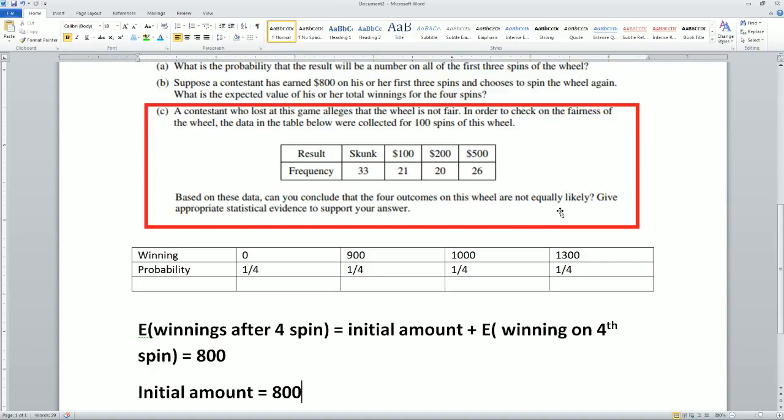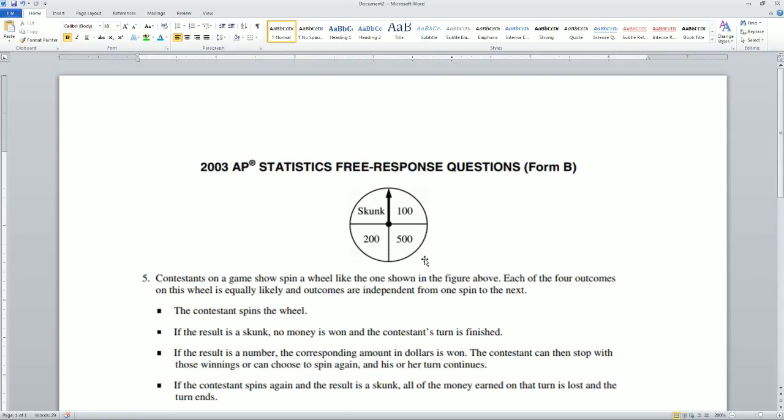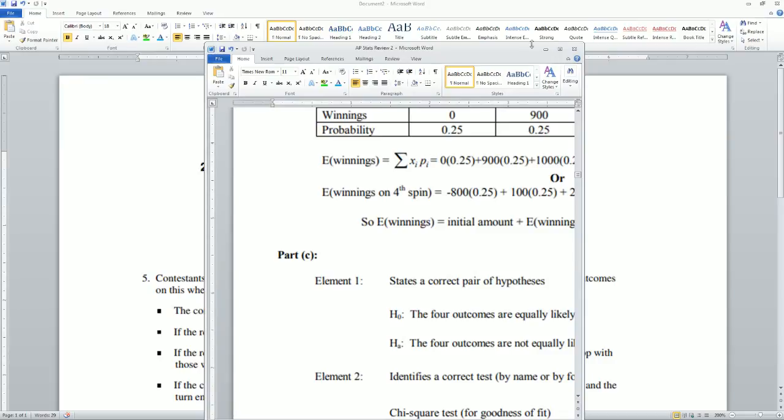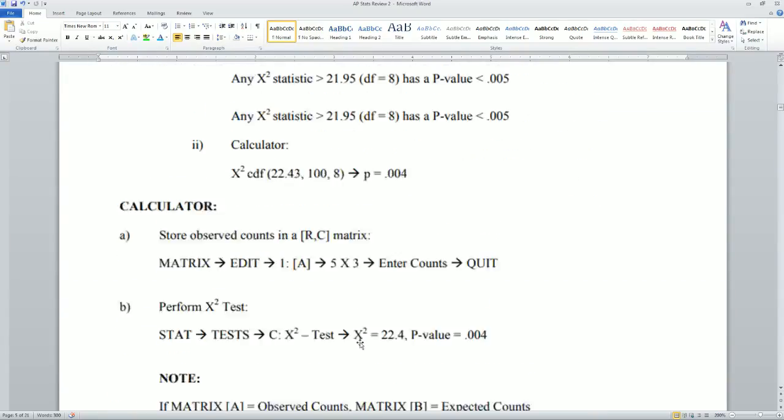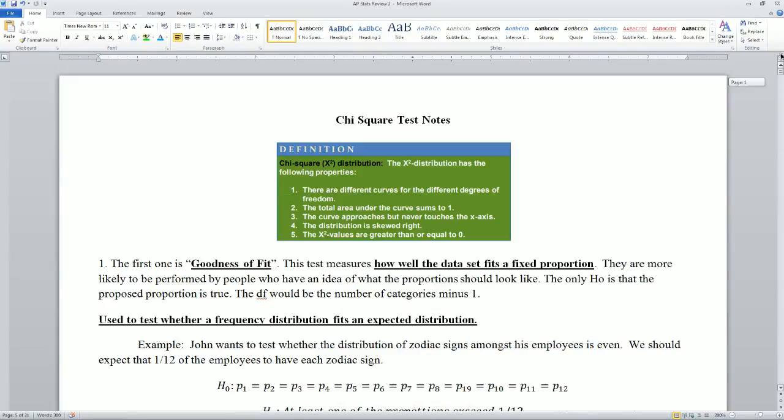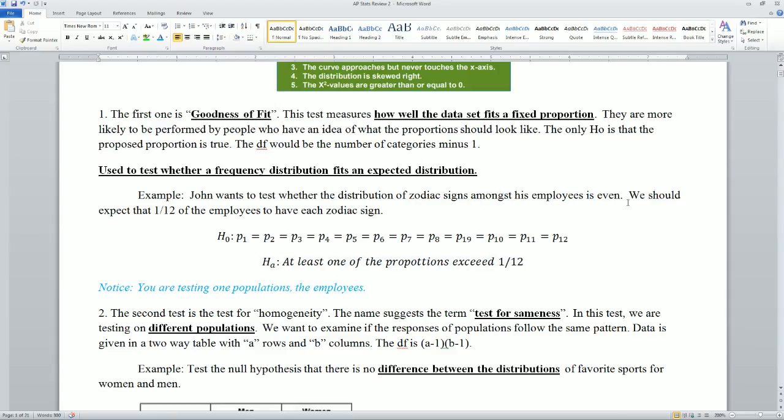Goodness of fit. Good, right? Because that would be a comparison of proportions, right? Yeah. That's how you know it's a goodness of fit.